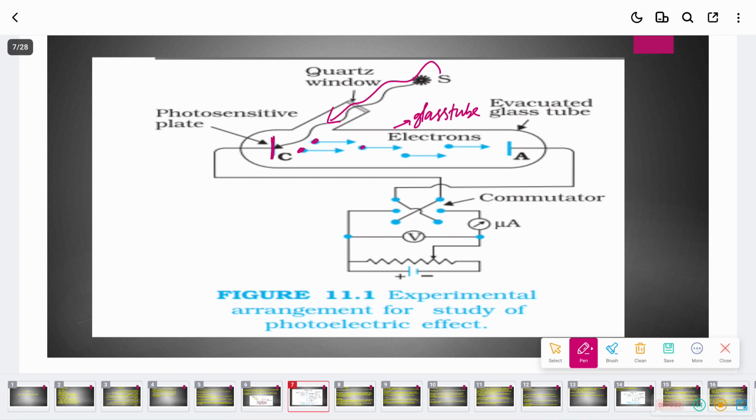Now, if electrons are coming, we should receive the electrons. How to receive them? Electrons are negatively charged. So if we keep a positive charge in front of them, they will be attracted to it. So I'll make this plate a positive plate. If this is a positive plate, all these electrons will be attracted towards it.